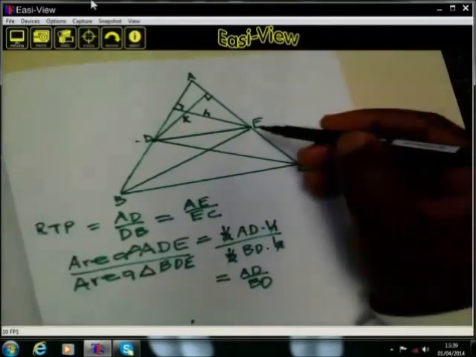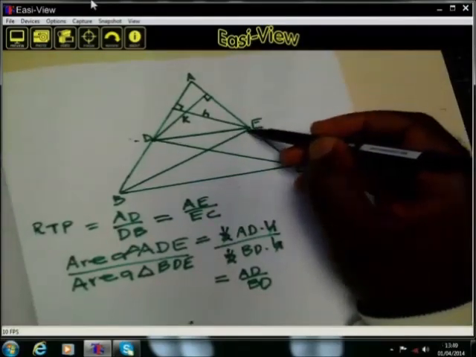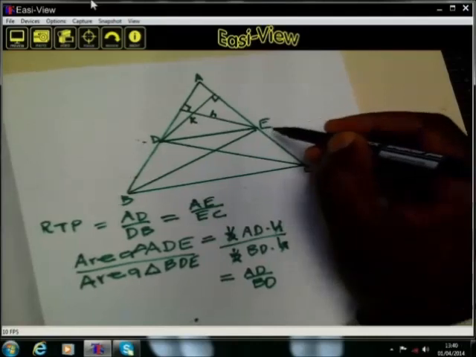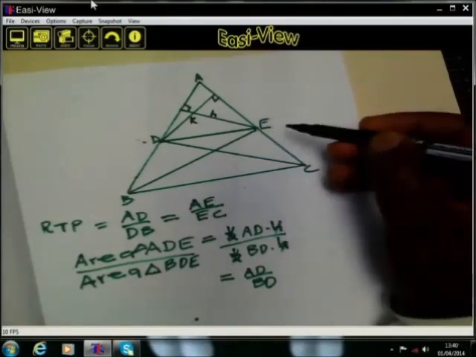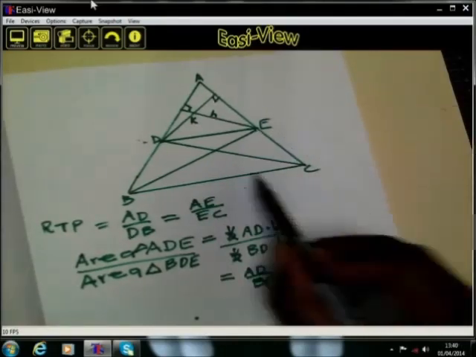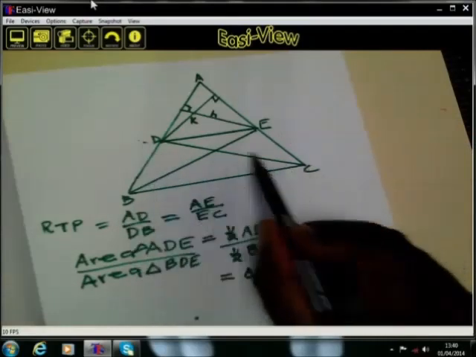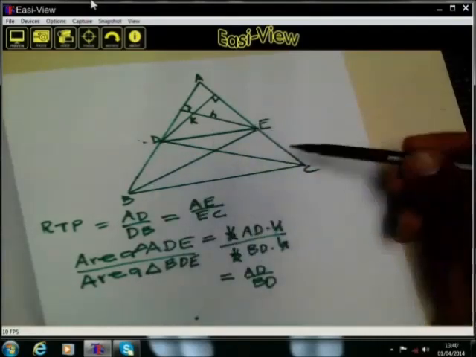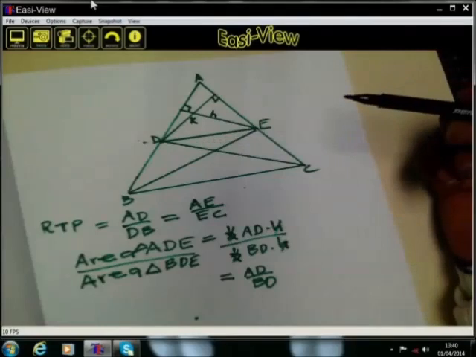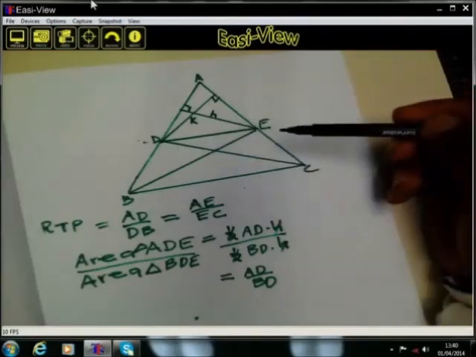The question that comes is, why should point E connect DC and DE? It's all about the creation of triangles.